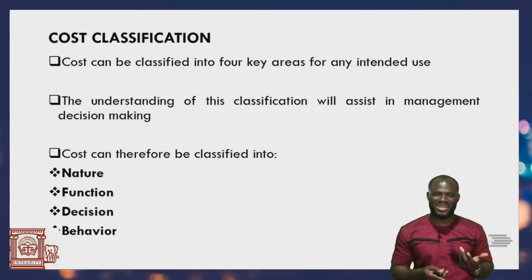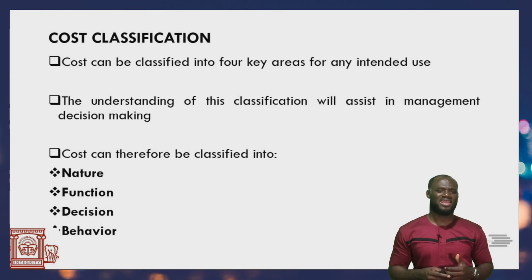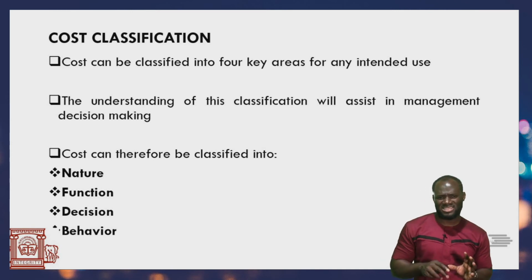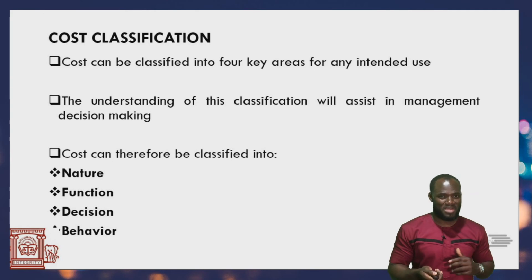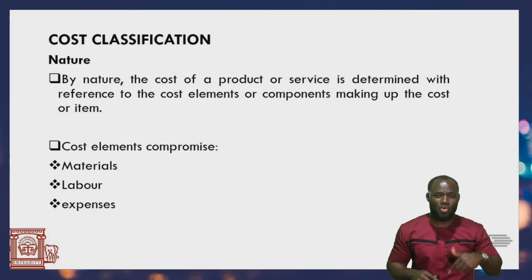You can look at it in terms of the nature of the 100 cedis making up the cost of the table. You can look at it in terms of the functional responsibility of the entity. You can look at it in terms of decision, and also by behavior. So by nature, we are looking at the cost of 100 cedis of a table in terms of the cost element, the makeup, the composition.